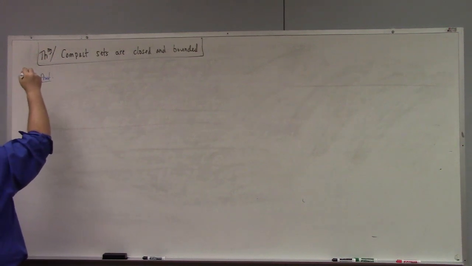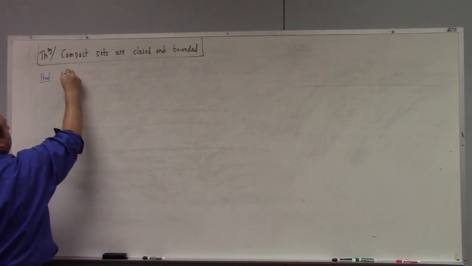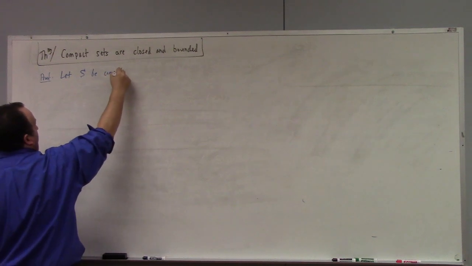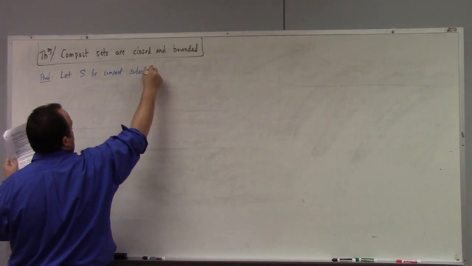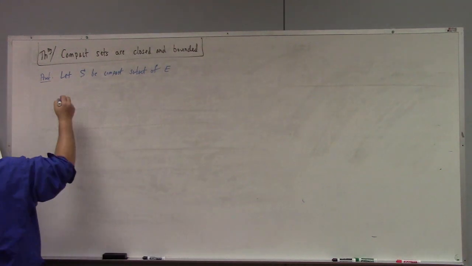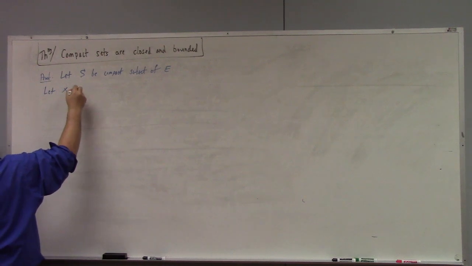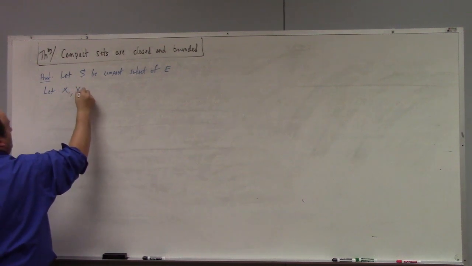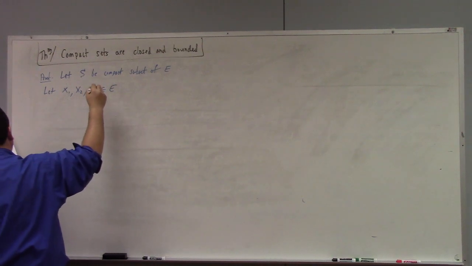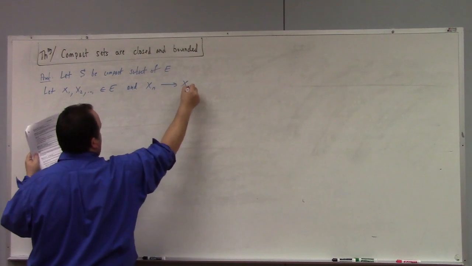It says let S be a compact subset of a normed space E, and let x1, x2, and so on be elements of S, and xn converges to x.